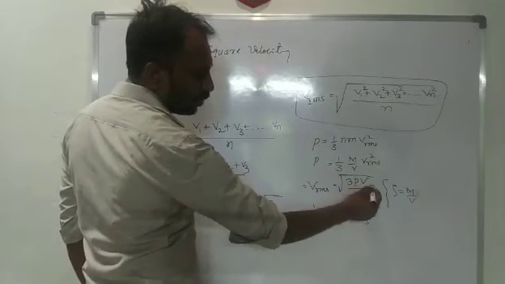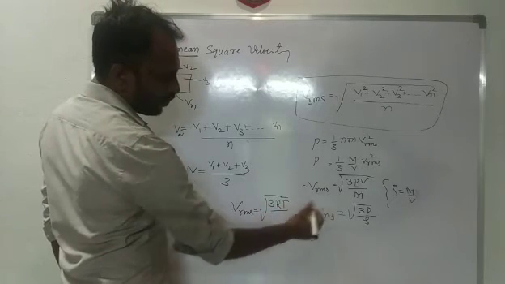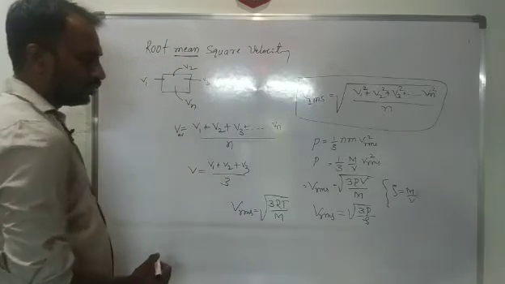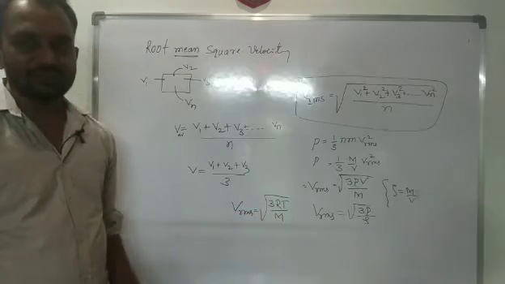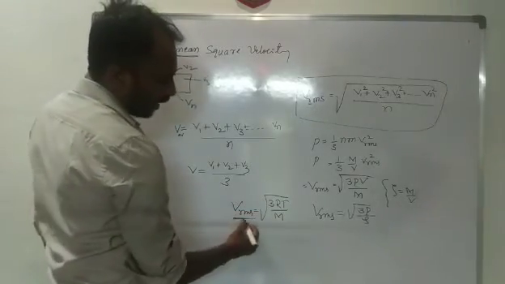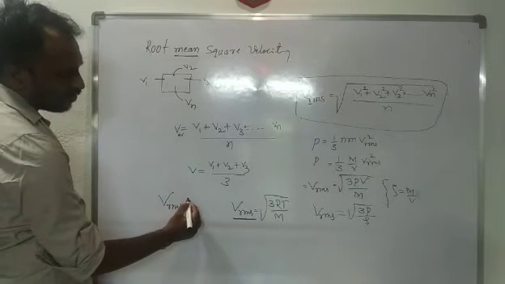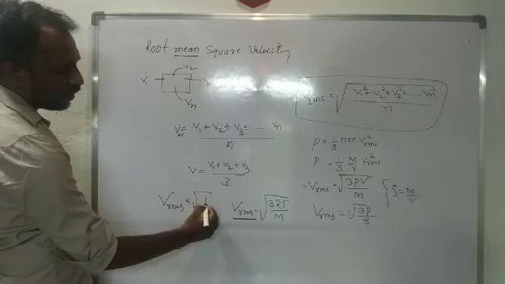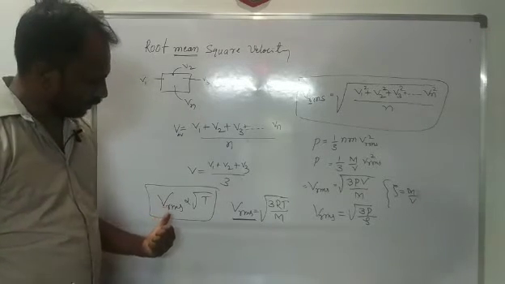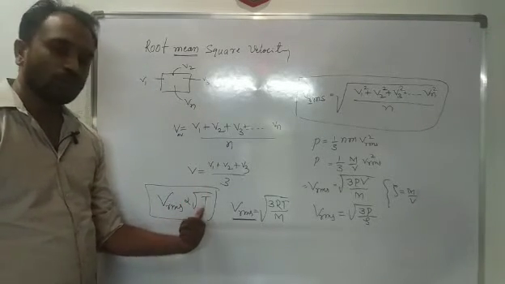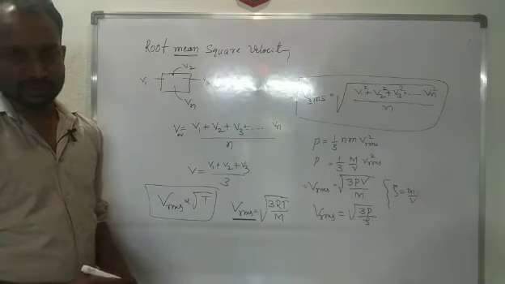In the place of PV, we consider RT, so V_rms is equal to the whole root of 3RT divided by M. So this RMS velocity is directly proportional to the square root of absolute temperature.